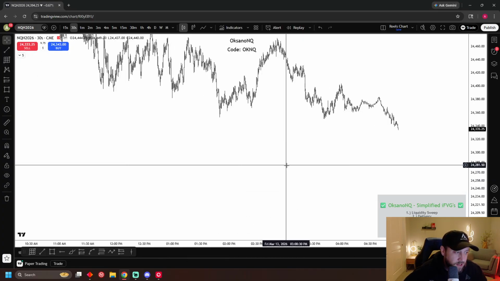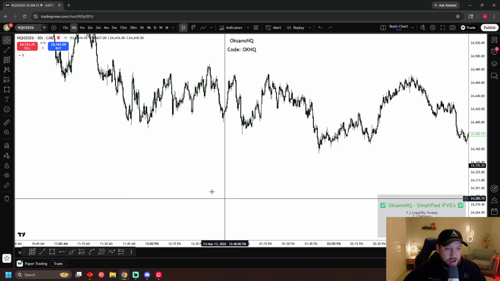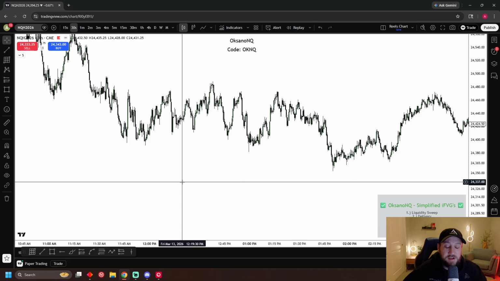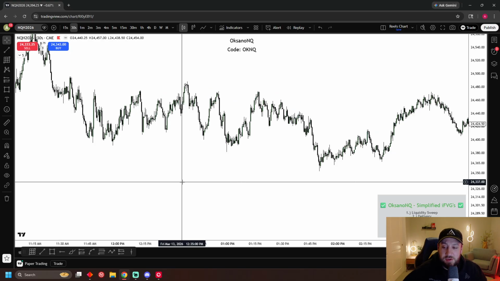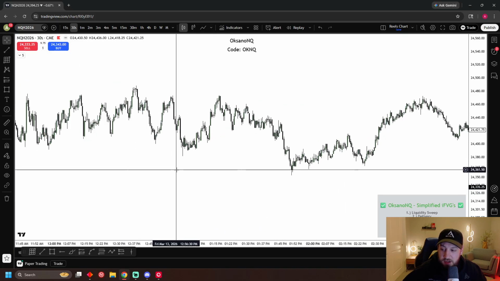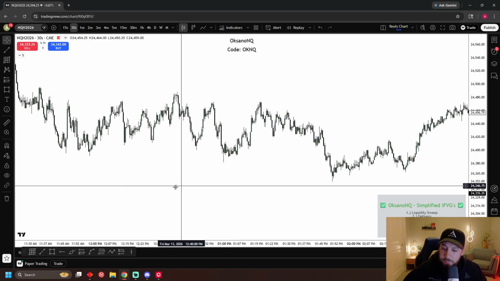Subjectively, something I like to do is if we have a really obvious BPR that's underneath my setup, if I have a lot of confidence in the draw, I will use that BPR. So if the BPR keeps holding, then I'll stay in the trade. But if the BPR gets closed below, that type of thing, then stop out.